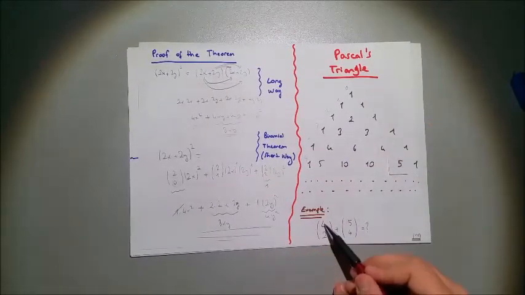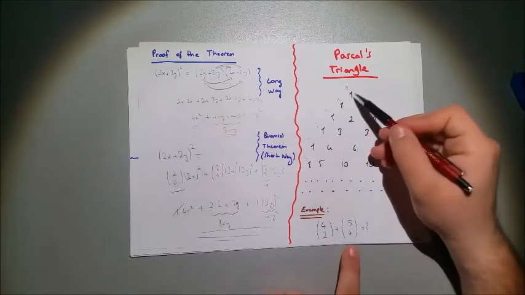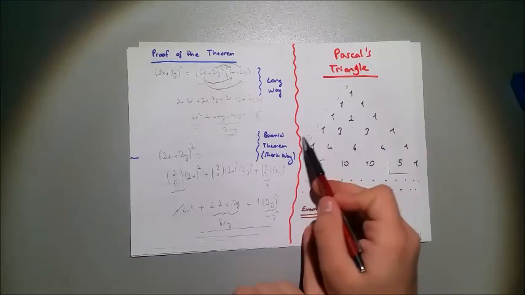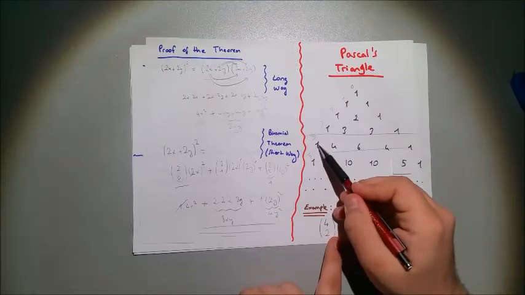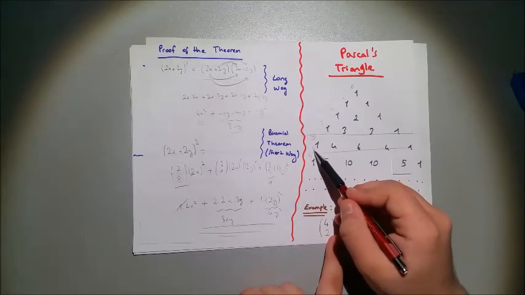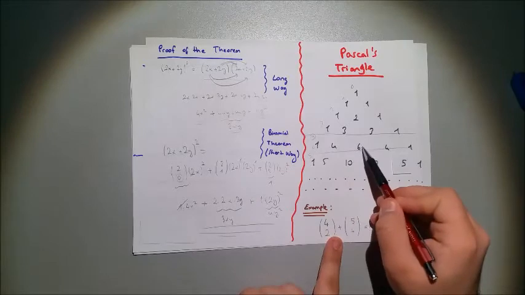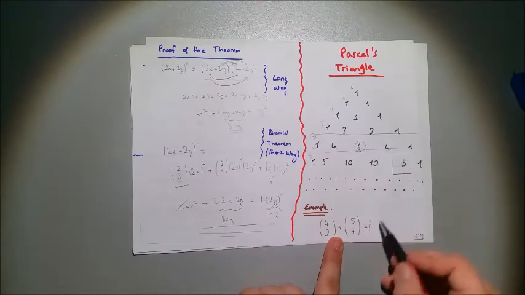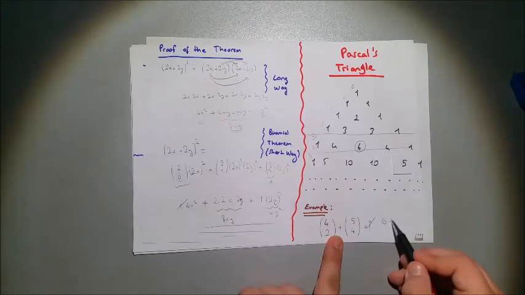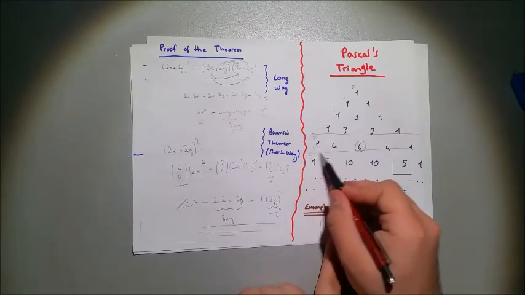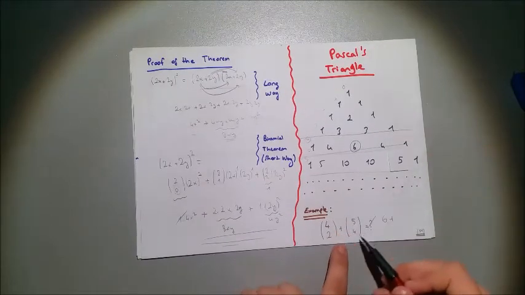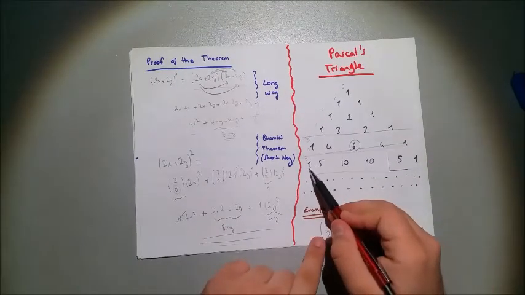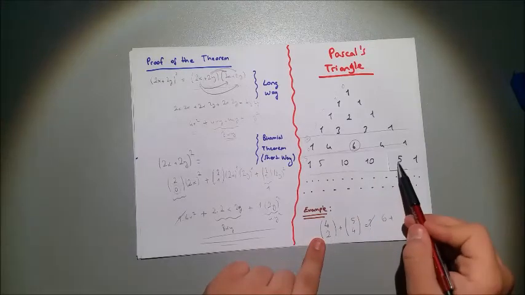What do I need here? 4 to the 2. I go to 4, and again I count starting with 0: 0, 1, 2, and then it's 6. Plus I go to 5 because I'm now looking for it: 0, 1, 2, 3, 4.